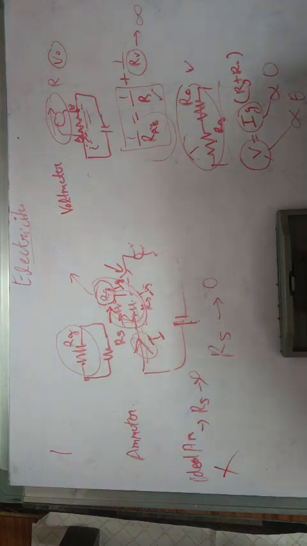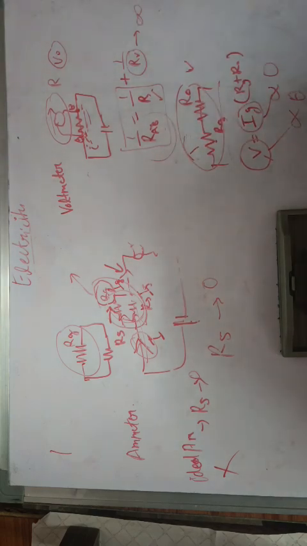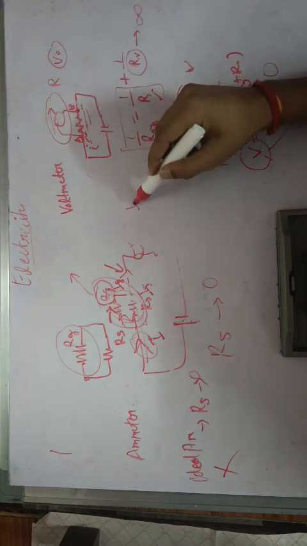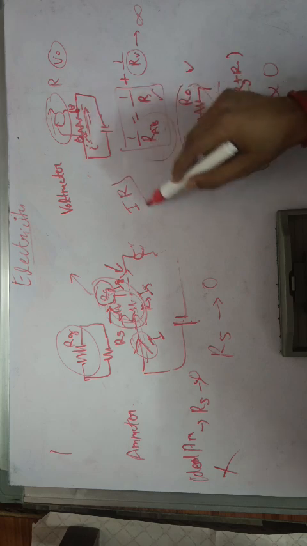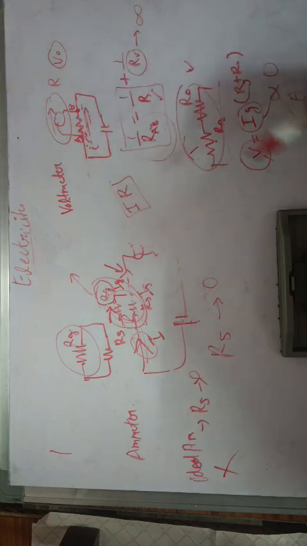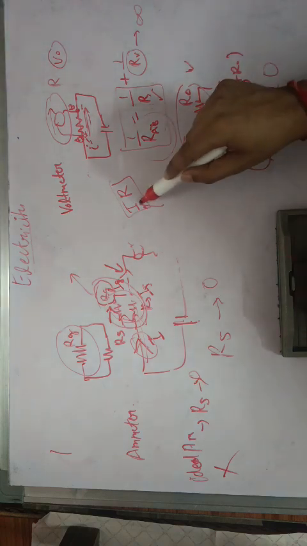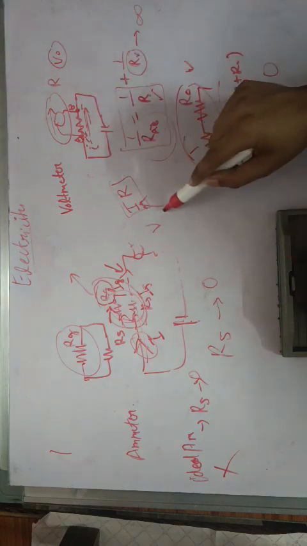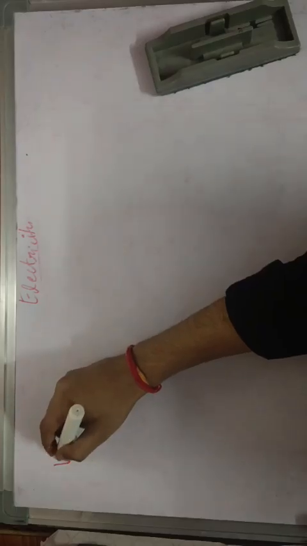And in case of the voltmeter, it tells the potential difference across A and B. If we know that the potential difference across A and B is equal to the current I passing through this wire times the resistance R, and if the current gets changed in the circuit, then since I gets changed, the potential across AB will also get changed. So we need to make sure that there is no effect of this voltmeter on the resistance of the circuit.